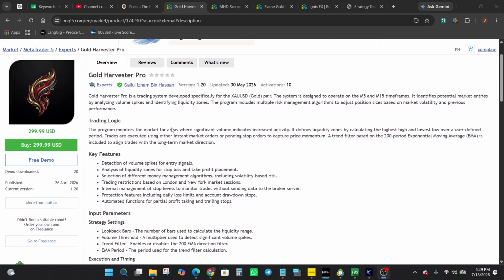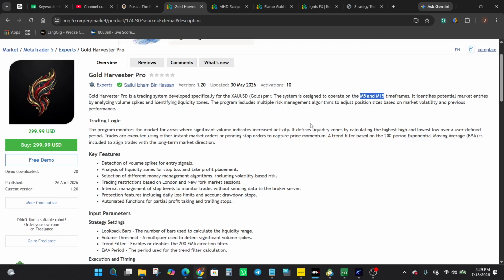Scrolling into the description, this is built specifically for XAUUSD, designed to run on the M5 and M15 time frames.